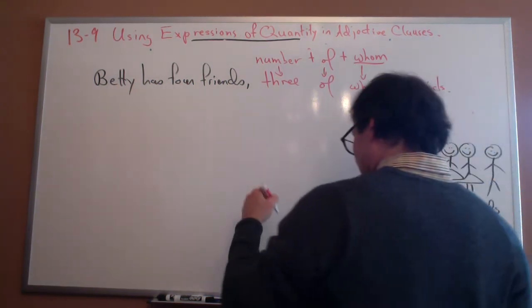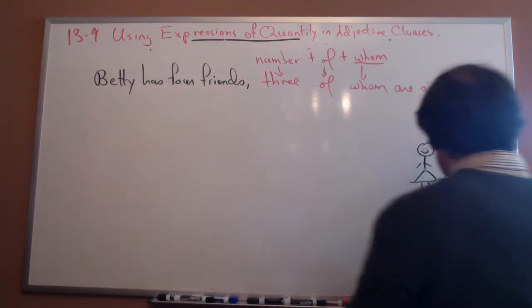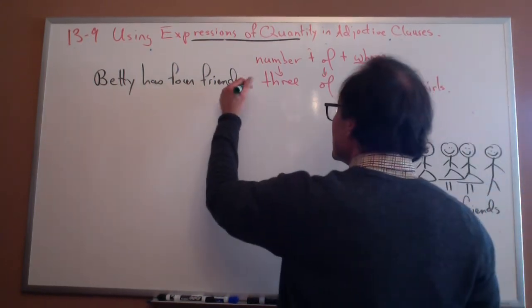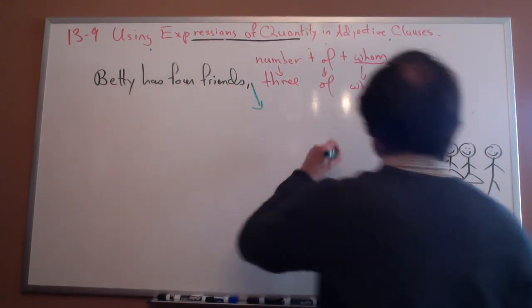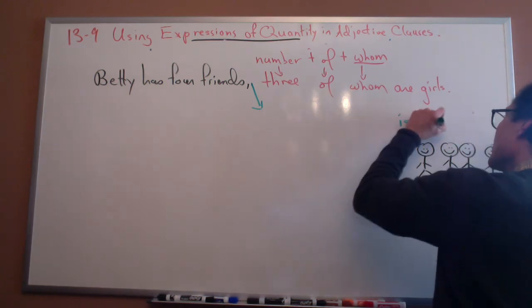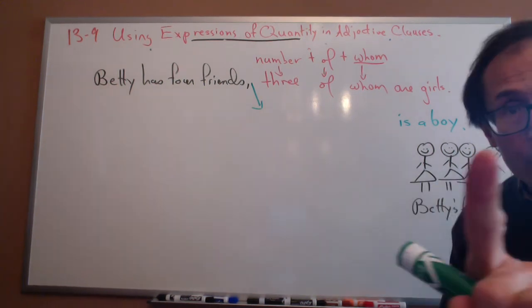Or I could also say, Betty has 4 friends, and let's say if I want to say the number of boys, I could also say that. So how many are boys? Well, 1, right?